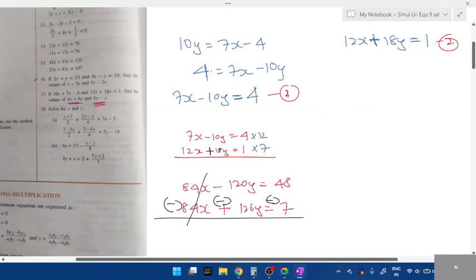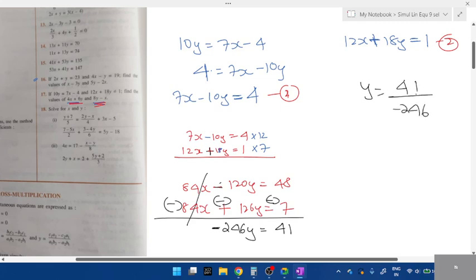Then no, minus and minus both are minus, minus into minus is plus. If you add, you get 246. 126 is greater. y is equal to 41.